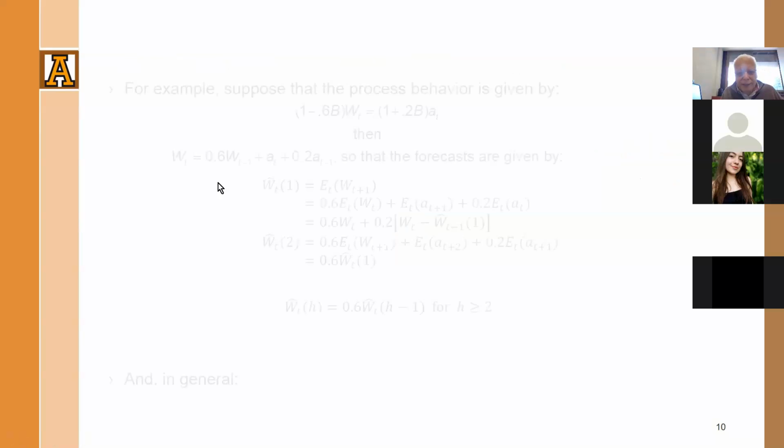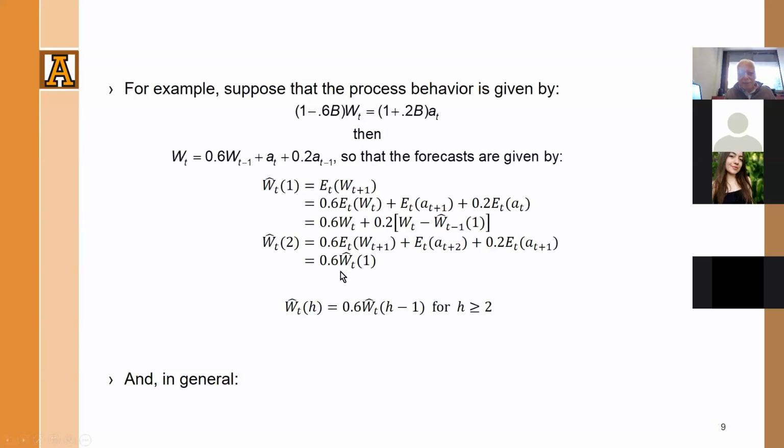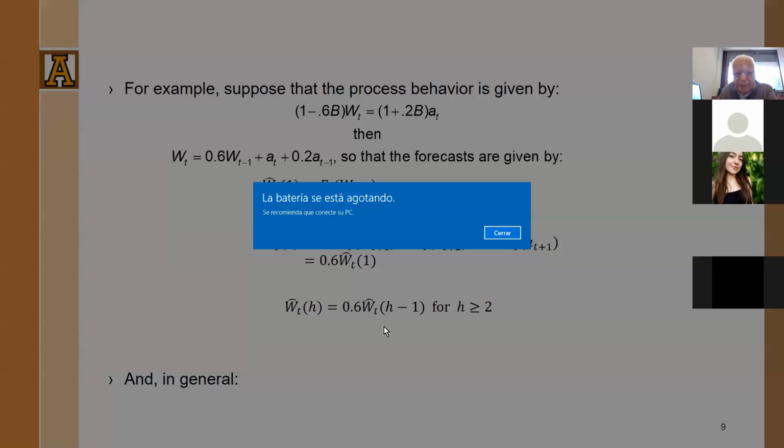Then WT hat at 2 periods ahead involves the optimal forecast 1 period ahead, and WT hat H periods ahead, the conditional expectation, involves 0.6 times H minus 1.